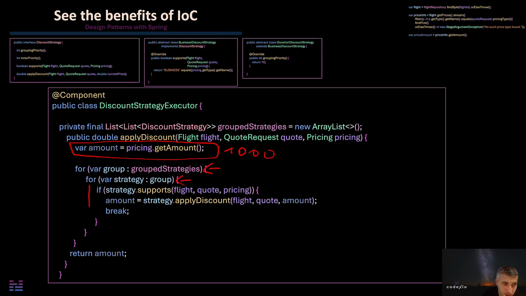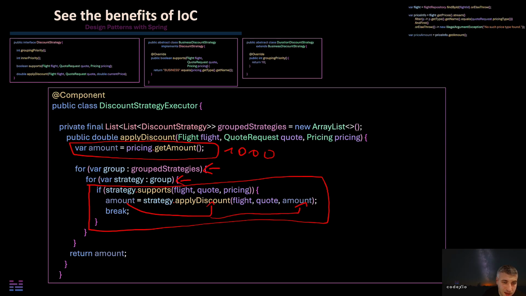If one strategy per group supports the request, then the amount is sent to the apply discount. The discount happens, let's say 20%. This thing here goes to, let's say, 800, and again the loop goes to the next strategy because it breaks here. The next strategy maybe doesn't have any rules to be supported, so it was skipped entirely, then to the next strategy, then to the next strategy, then one of the other strategies has one rule that is supported.